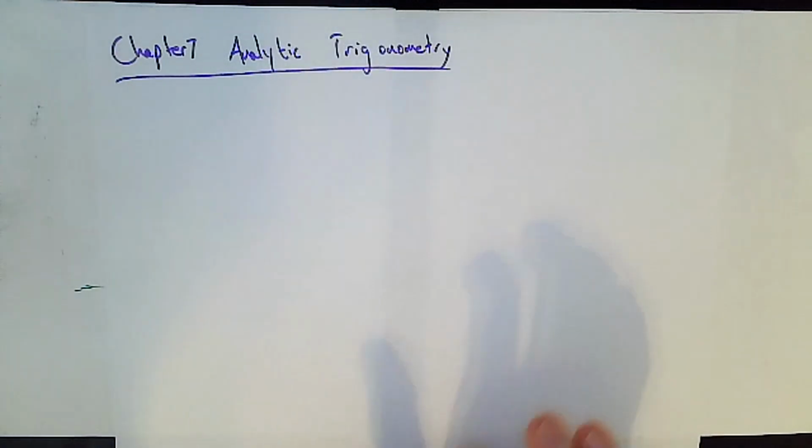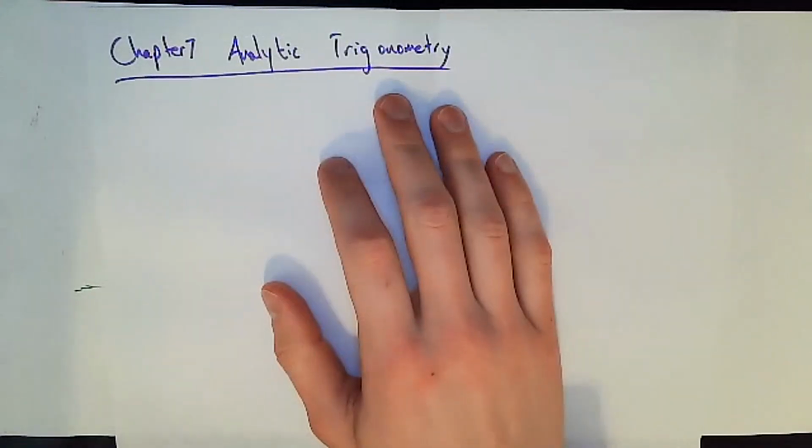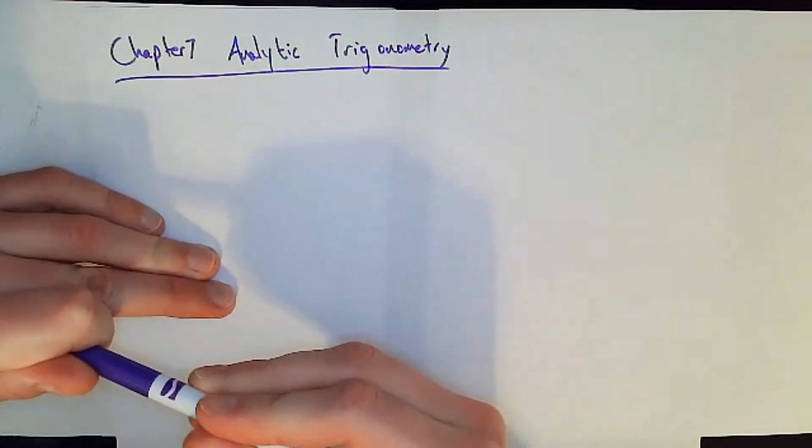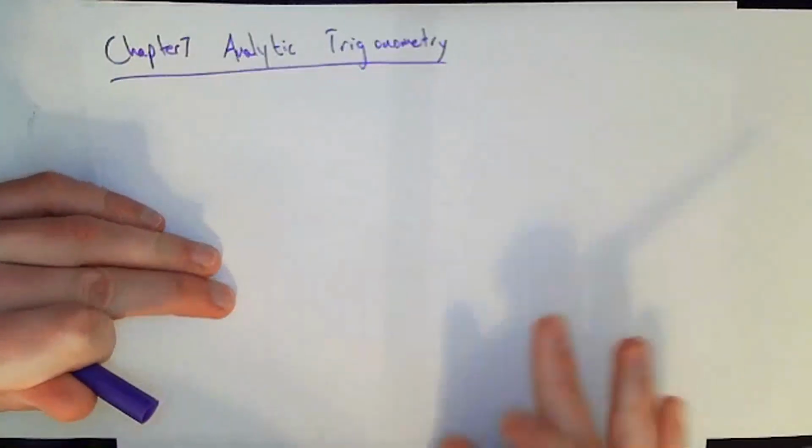So chapter 5 was basically trigonometry for triangles. And chapter 6 was graphical representations, right?